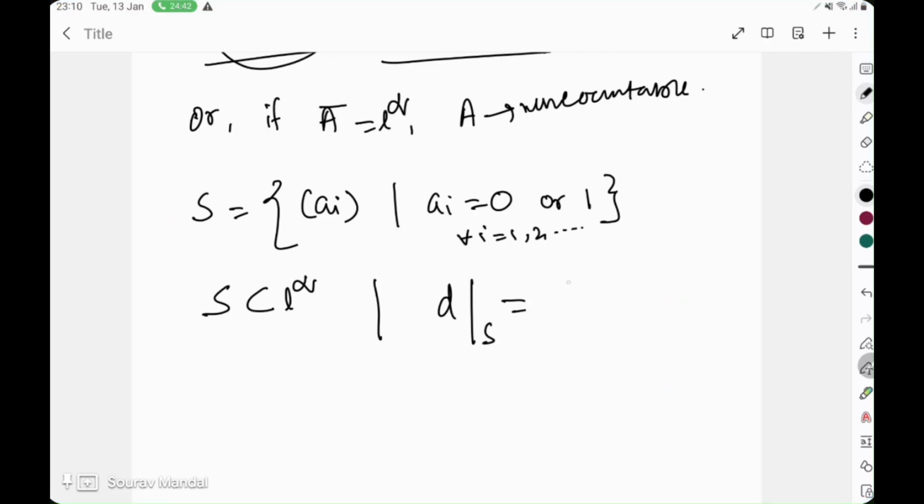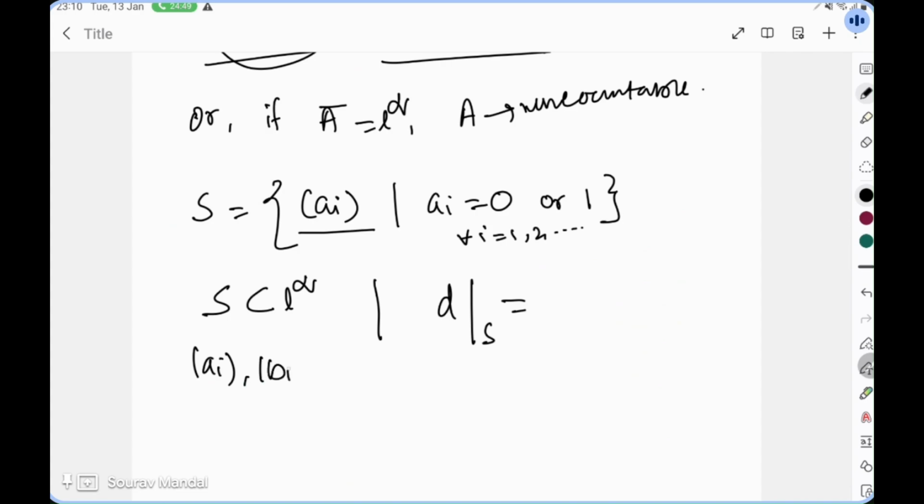Yes, because if we consider two sequences A_i and B_i from S, they are equal if for all i, A_i equals B_i.